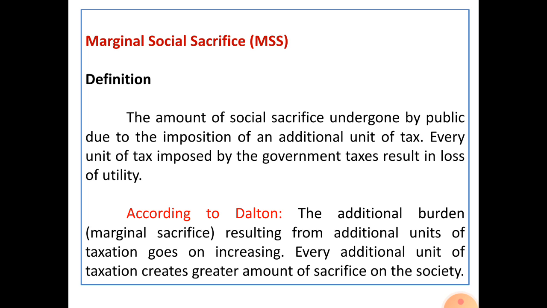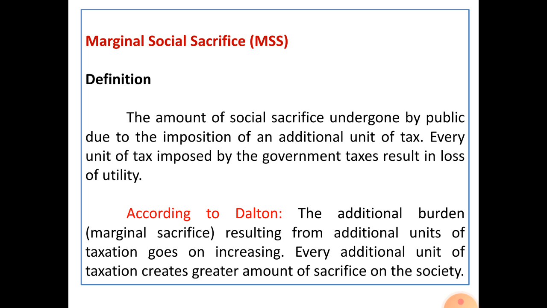According to Dalton, the additional burden is nothing but the marginal sacrifice resulting from additional units of taxes, which goes on increasing. Every additional unit of taxation creates a greater amount of sacrifice on society.